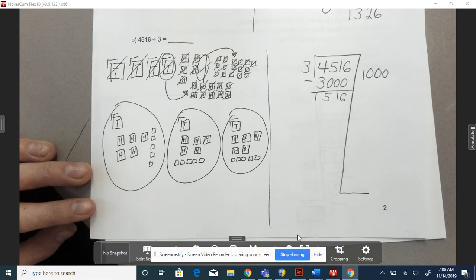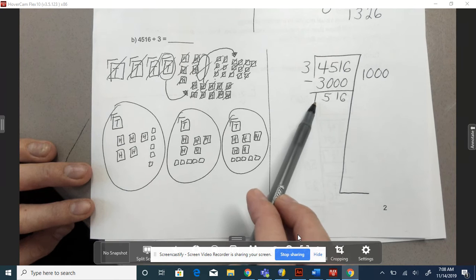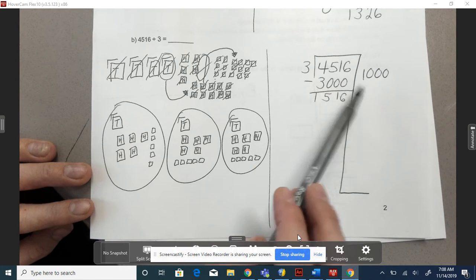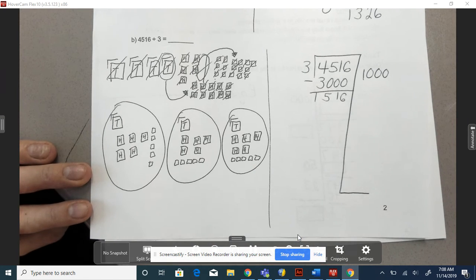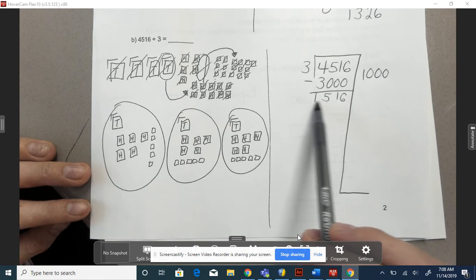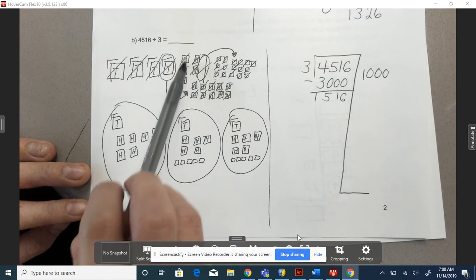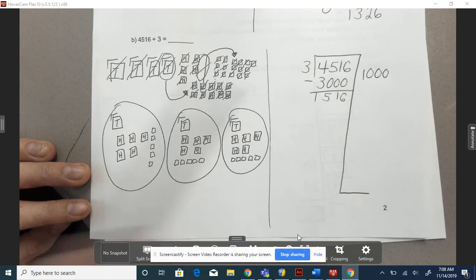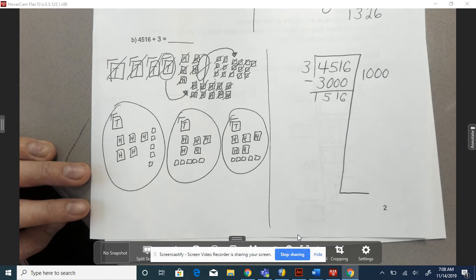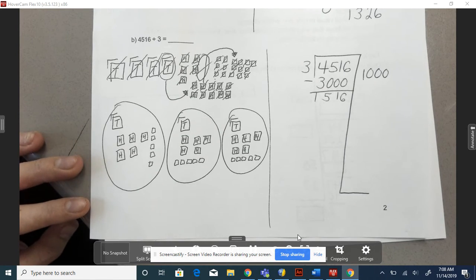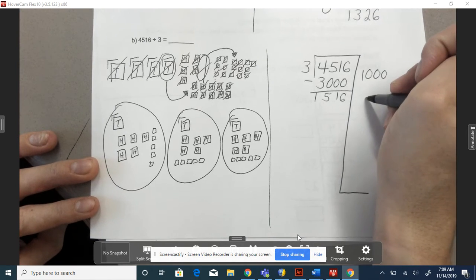Oh, that's 1,516. Well, I know that if I were to still be doing thousands, 3 times 1,000, that's already 3,000, which is too big. So I'm going to move to hundreds. I see I have 1,500s here, which is the exact same amount that we had here when we regrouped. 1,500s. Well, I know that 3 times 5 is 15, so 3 times 500 would be 1,500.